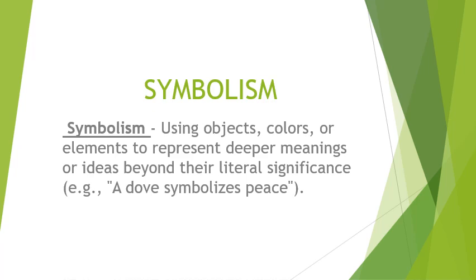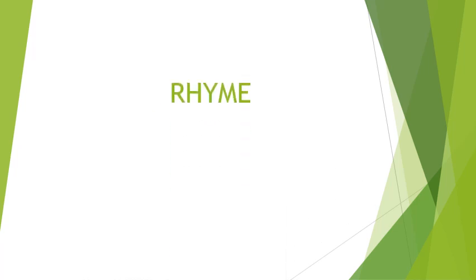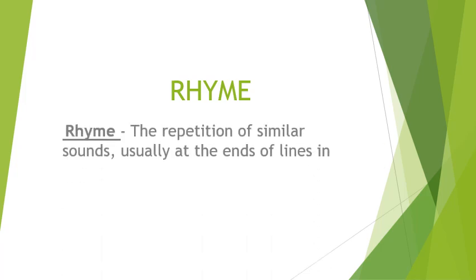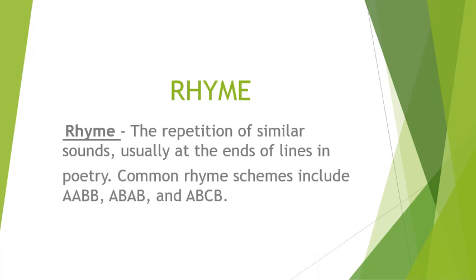For example, a dove symbolizes peace. We have rhyme, the repetition of similar sounds, usually at the end of the lines in poetry. Common rhyme schemes include AABB, ABAB, and ABCB.